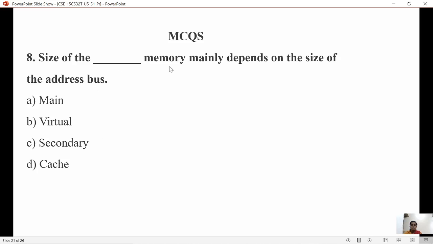Size of dash memory mainly depends on the size of the address bus. Options: main, virtual, secondary, cache. The solution is main memory, because based on the address bits, we are finalizing the size of the memory.